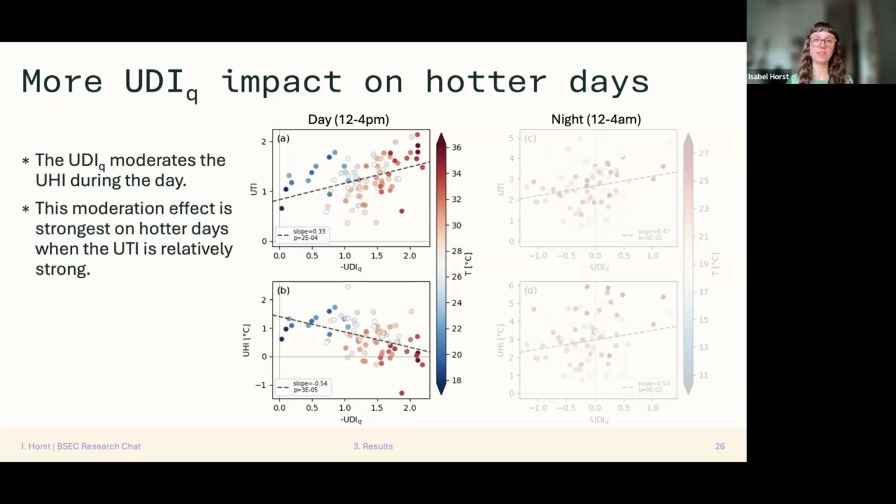This is important because on the hottest days, when we might care the most about being able to predict really accurately which parts of the city might have extreme heat, might be experiencing extreme humid heat, that is when we're likely to see the biggest difference between what the urban temperature island looks like and what the UHI looks like.